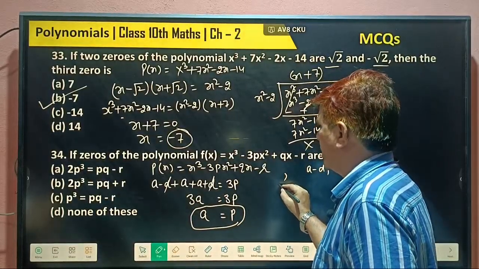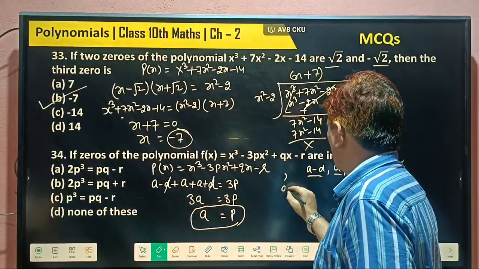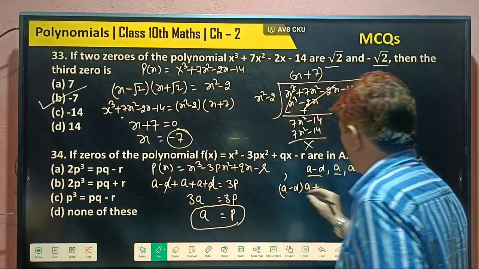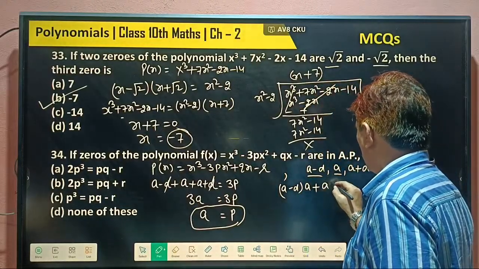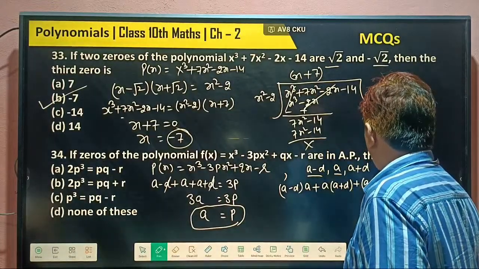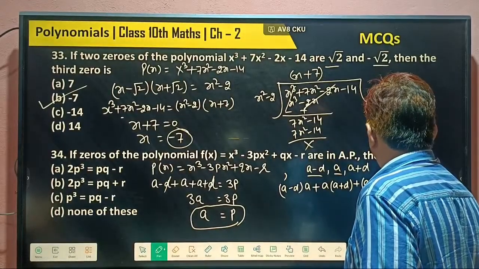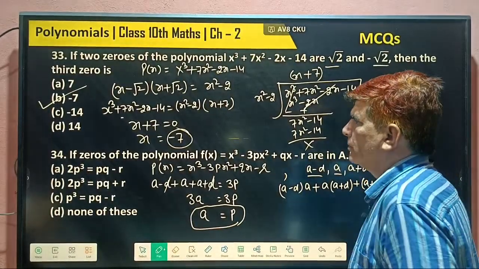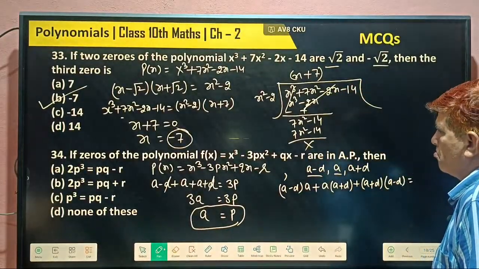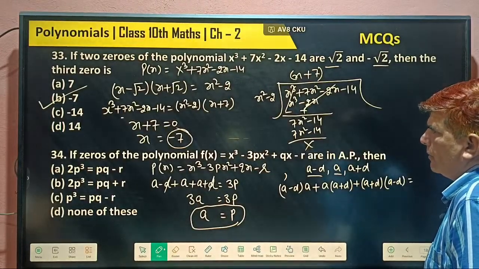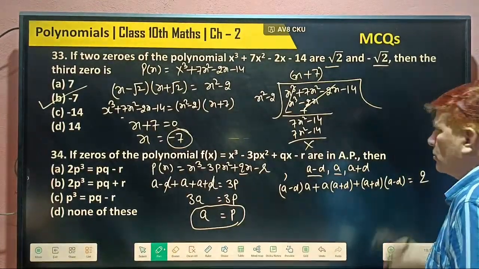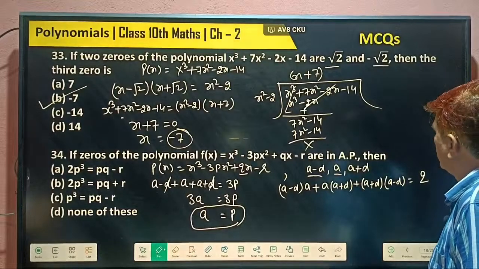Alpha beta, meaning a minus d into a plus alpha beta gamma, a into a plus d, and gamma alpha, is equal to what? It is equal to c by a. What's your c? c is q.